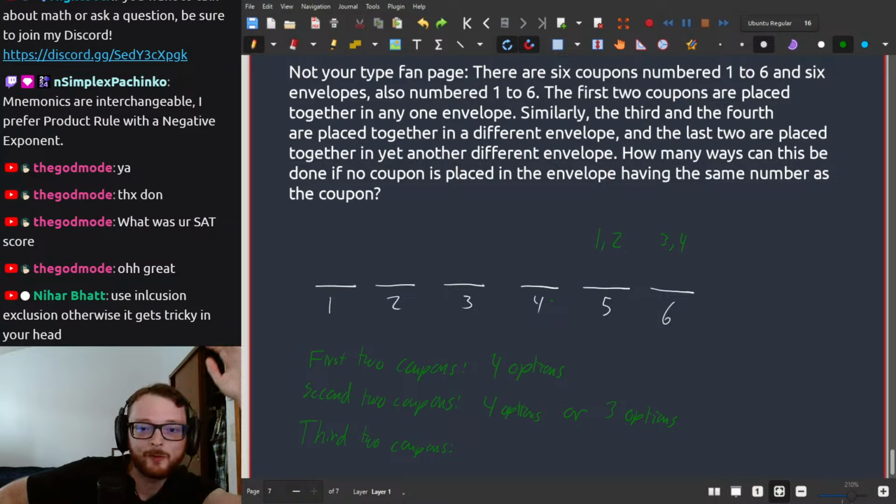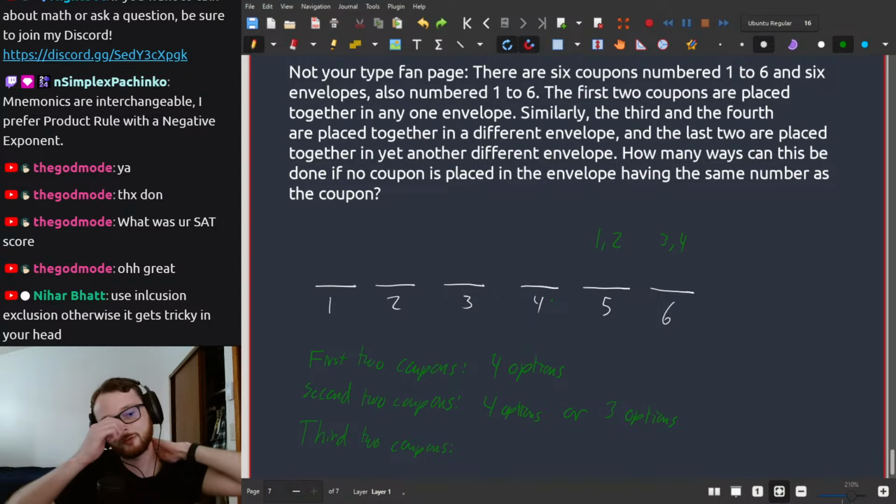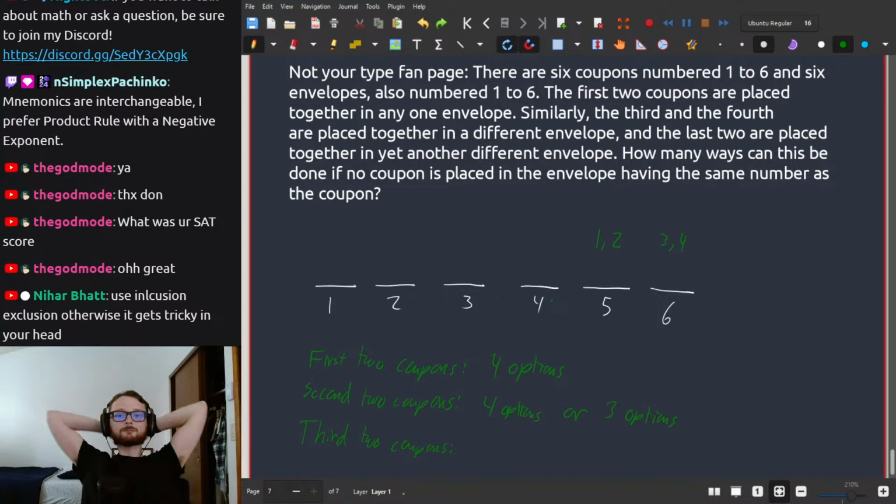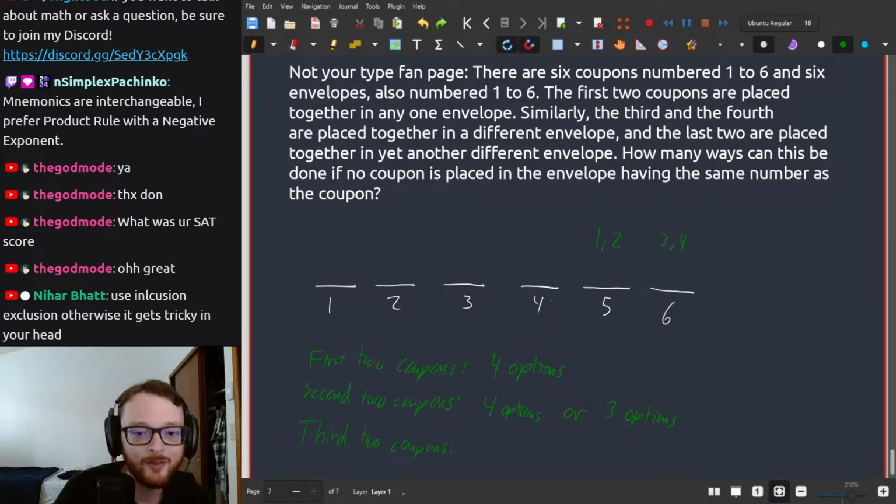Well, the total number of ways without any conditions is 6 choose 3, right? So we'd want to take that and subtract out the bad cases for inclusion exclusion. Oh, is that just... Oh, maybe that is easier.